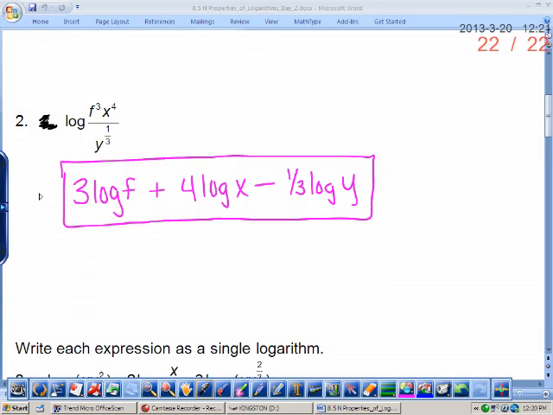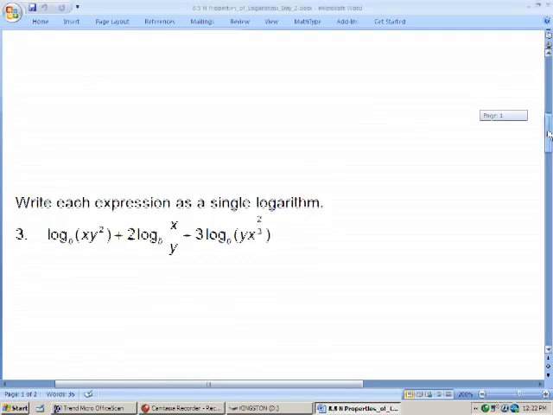Any questions about this one? Could you put log over 3 for the last one? Yes. Everyone okay? All right, let's practice condensing.